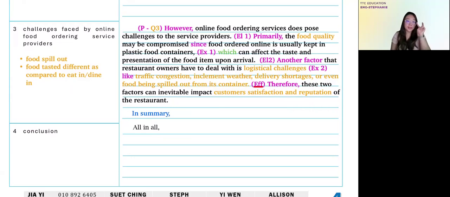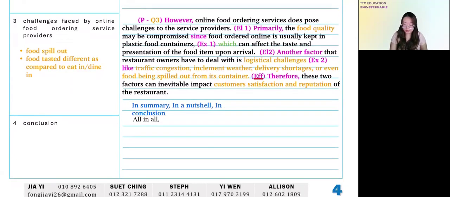What are the linkers or connectors, the phrases that you can use to indicate that it's already a conclusion? In a nutshell, very good. What else? In conclusion, boleh. That one is more direct.